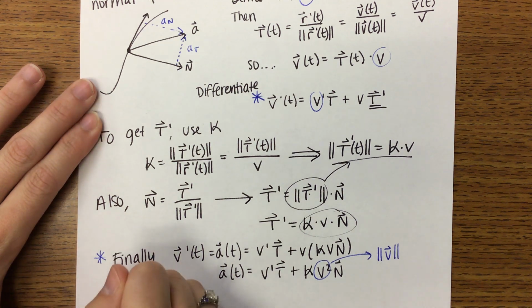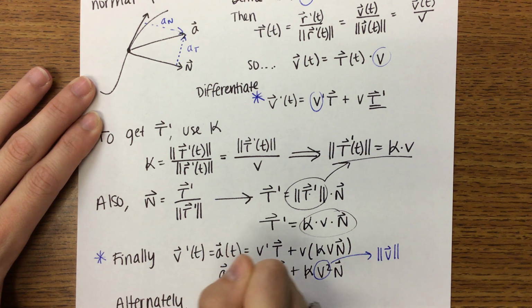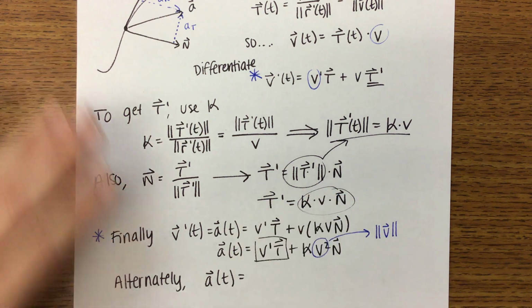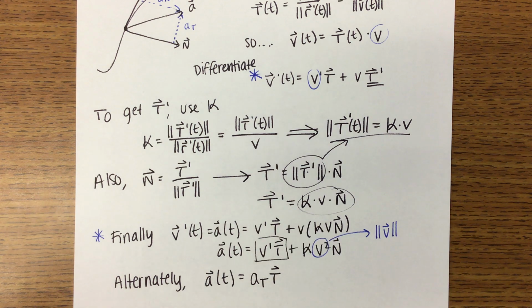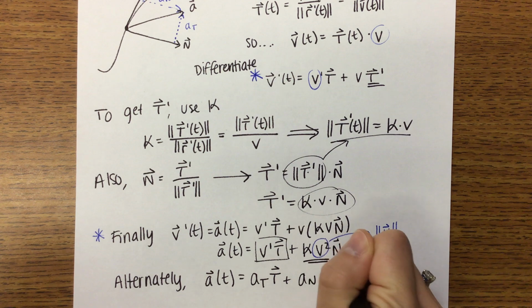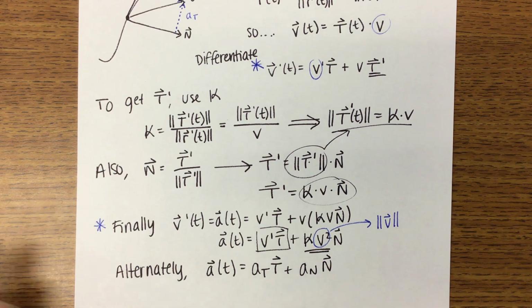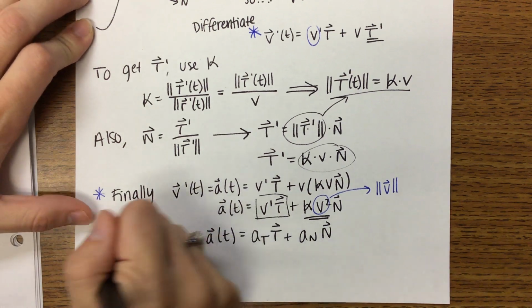Okay, so alternately, how we really write this is going to be written as A_T of big T, plus A_N of big N. Okay, so here's what this tells us.